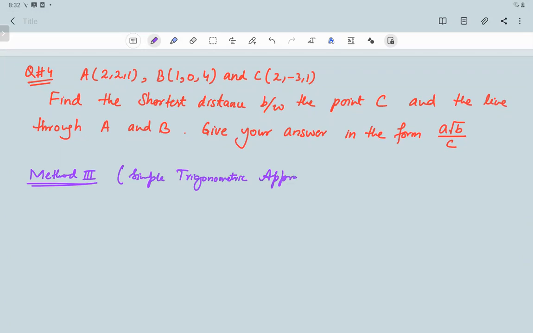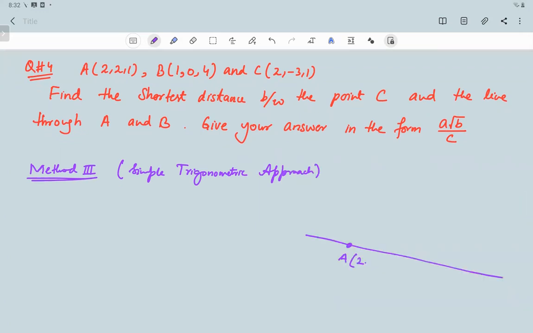This is the line. A is the point over here, 2, 1. B is this point, 10, 4. And this is C, 2, minus 3.